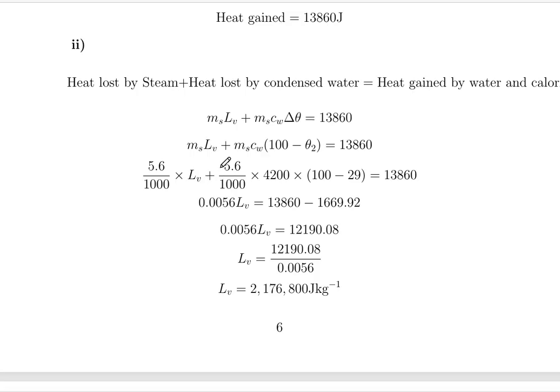After converting its state from vapor to liquid, the steam has to condense. The mass of steam that condensed is 5.6 divided by 1000, converting it to kilograms.